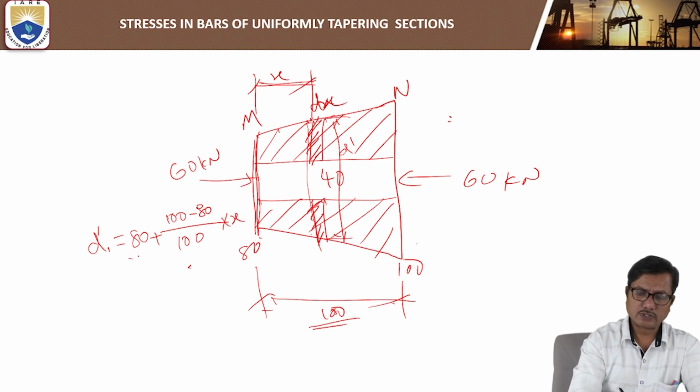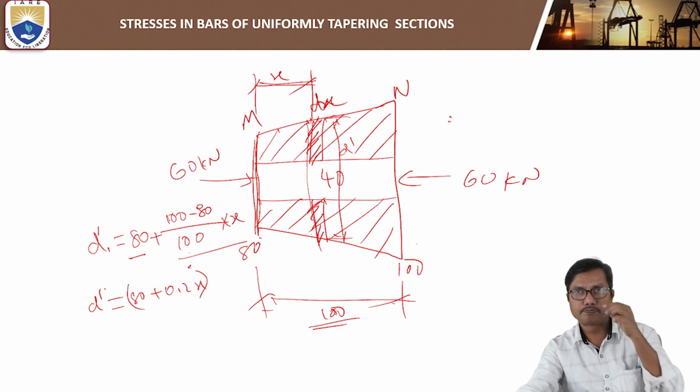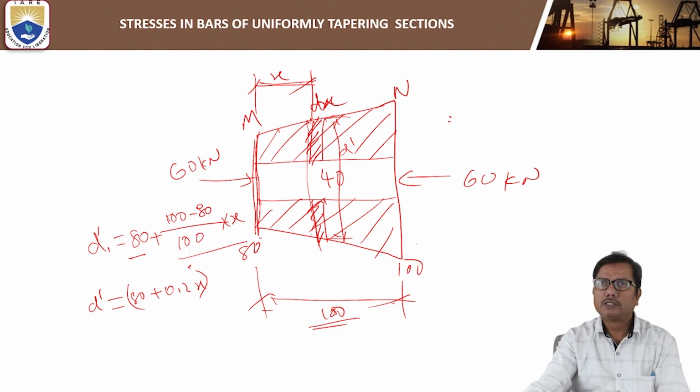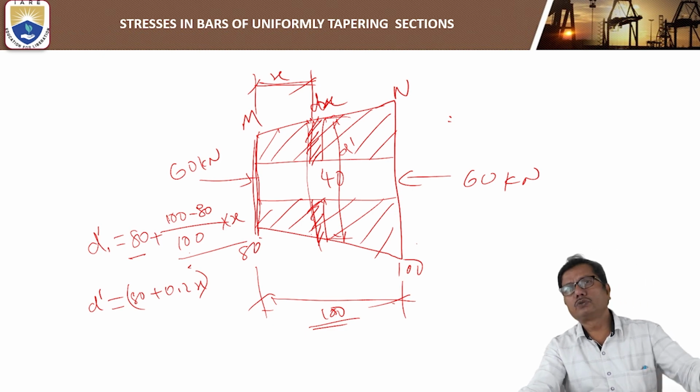So 80 plus 20 by 100, that is 80 plus 0.2x. This is the diameter d dash. At a distance x, the diameter is 80 plus 0.2x.